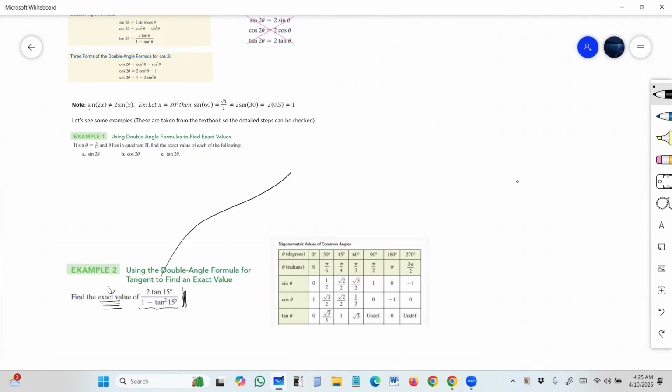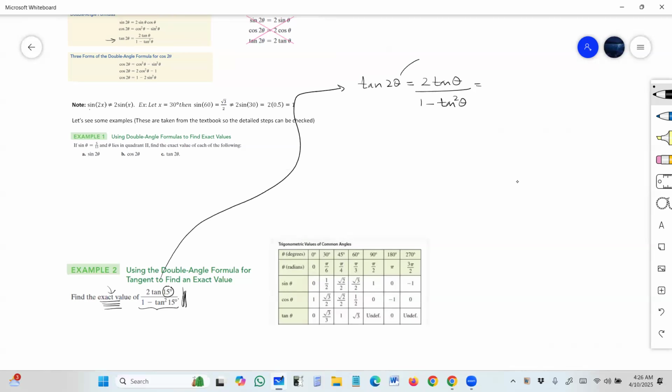All right, so 2 tangent 15 over 1 minus tangent square of 15 degrees. So here is the identity for tangent 2 theta: 2 tangent theta over 1 minus tangent square theta. And look what I have here. I have here 15 degrees.